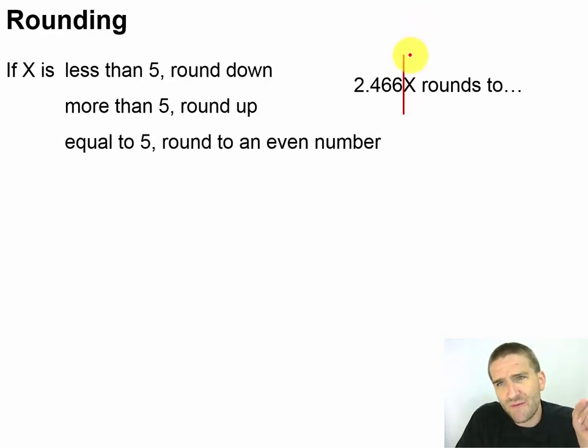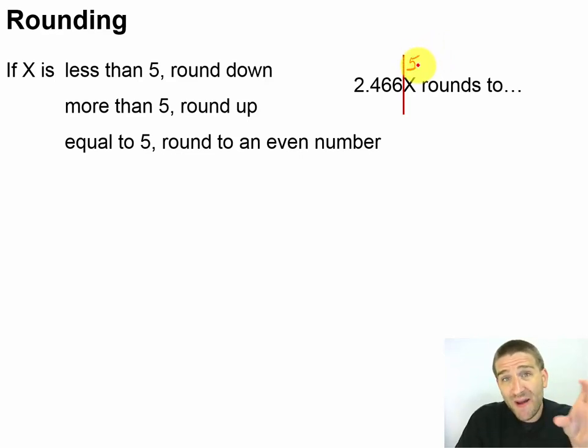What happens if the very last place of your value happens to be equal to 5 and doesn't have any decimal places after it? If it has decimal places after it, it's either going to be more than 5 or less than 5, right? So we wouldn't have any confusion there. But if the last value you've got in your calculation is a 5, what do you do?